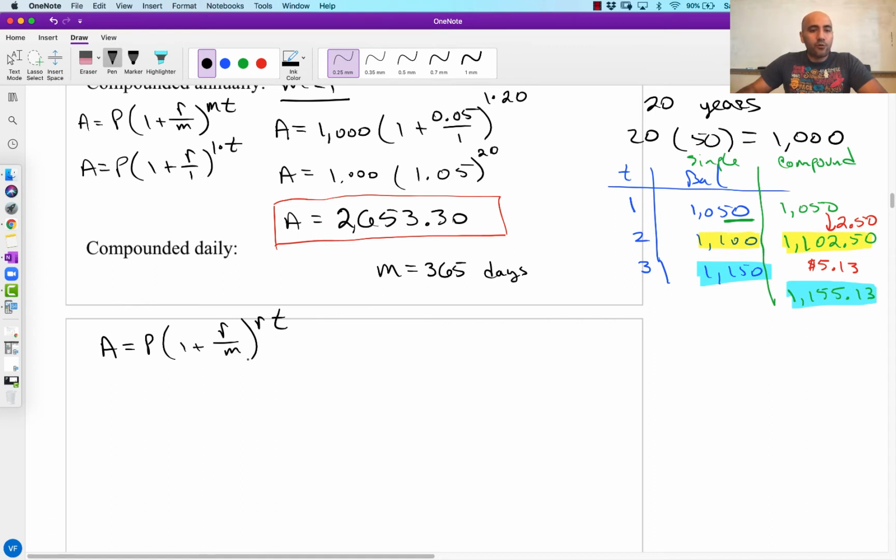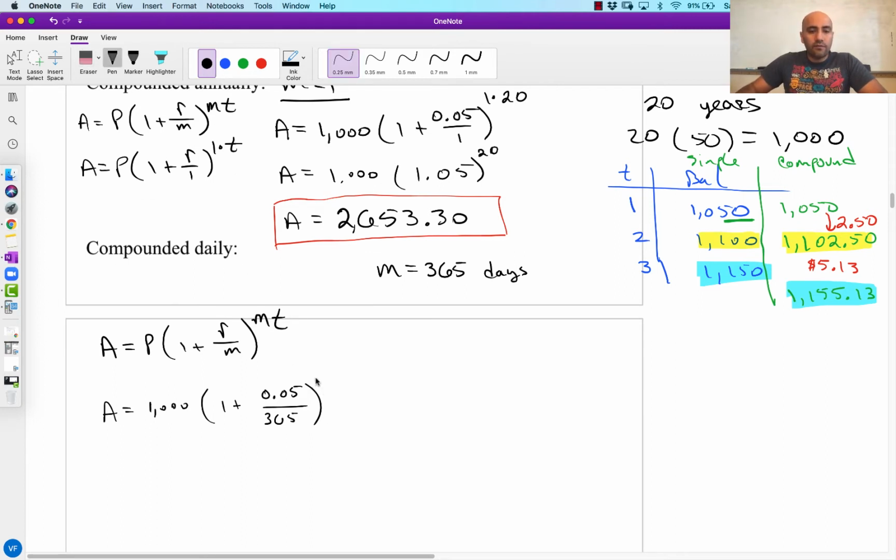And we already have the value of R, and we already have the value of T. So this would mean that A equals 1,000 times 1 plus 0.05 all over 365, to the power of, oops, this is not an R, this is an M.